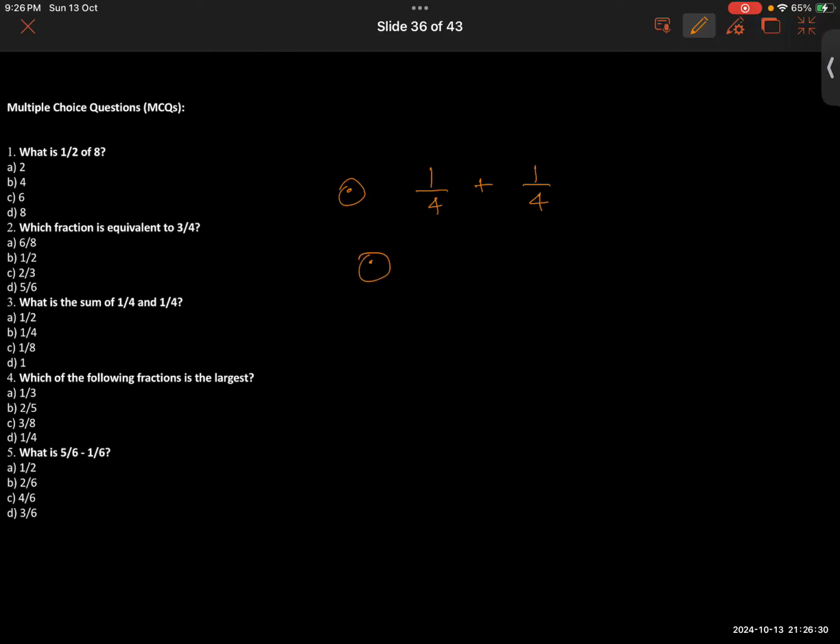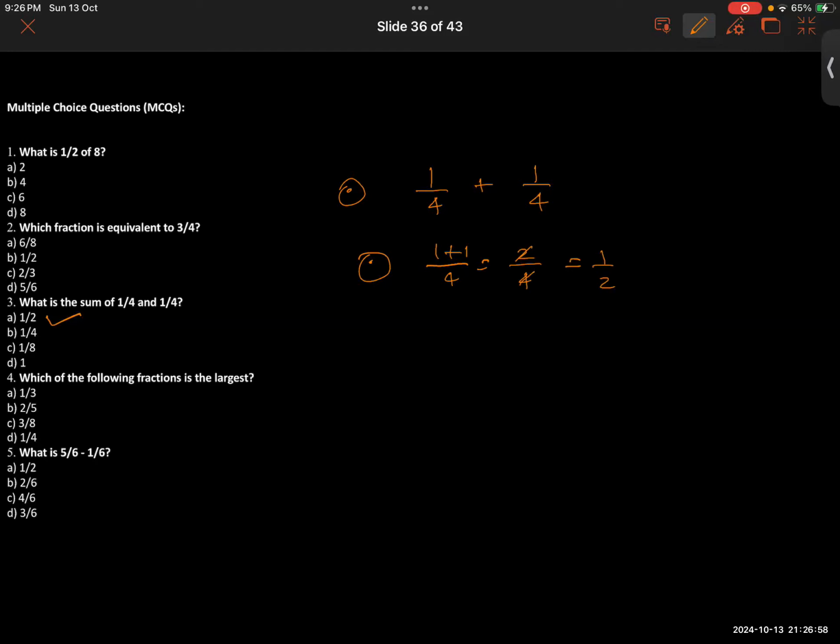Okay, continue. Is it 1 upon 2? Yes, it is 1 upon 2. Good. So 1 upon 4 plus 1 upon 4 is 2 upon 4. After simplifying, you'll be getting 1 upon 2. Very good. That is, option number A is the correct one.